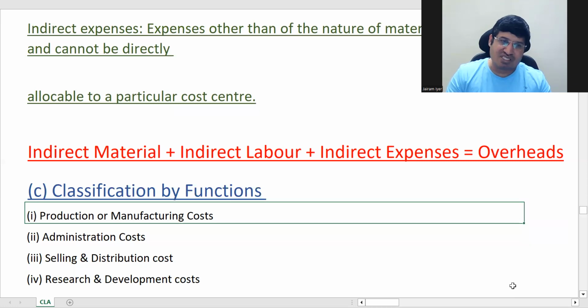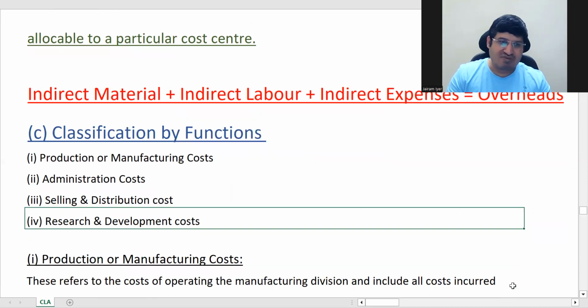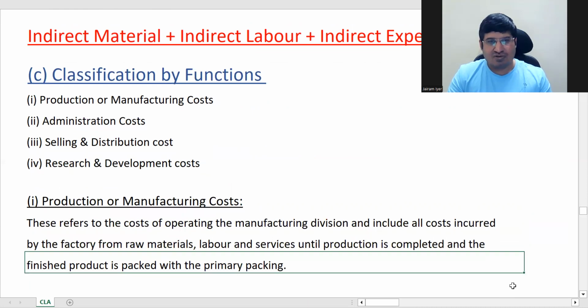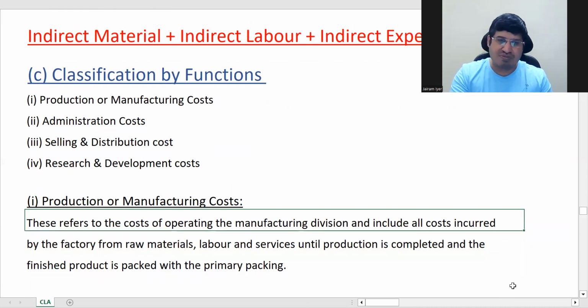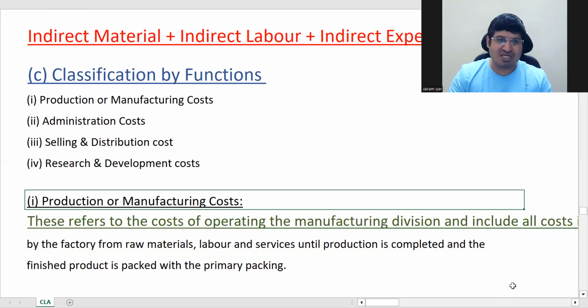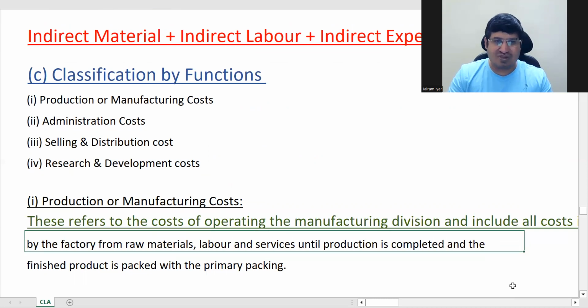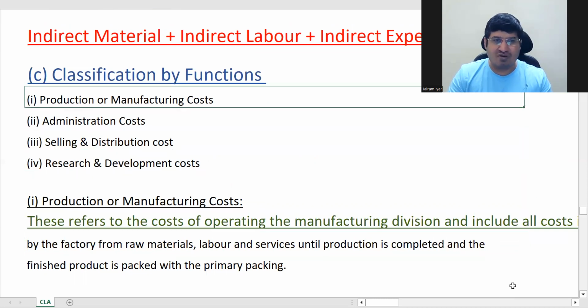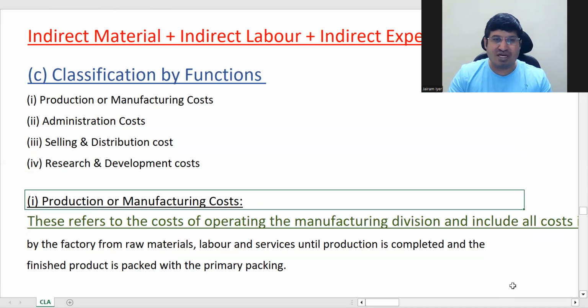These are the various functions of the organization headed by different people, so you can classify as per these functions also. So production, any cost of production will be manufacturing costs. So will all manufacturing costs be indirect? Not necessarily.